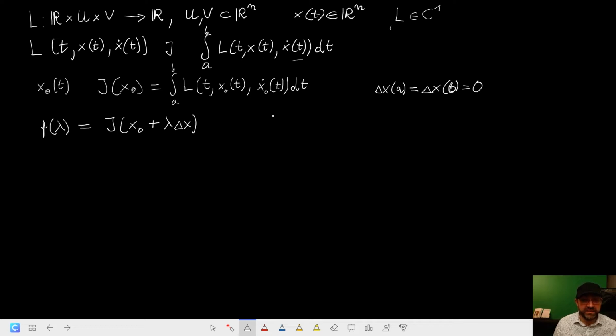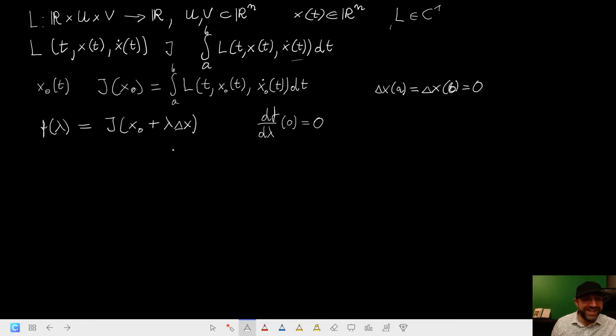And that means that the derivative over lambda of f in 0 is equal to 0.